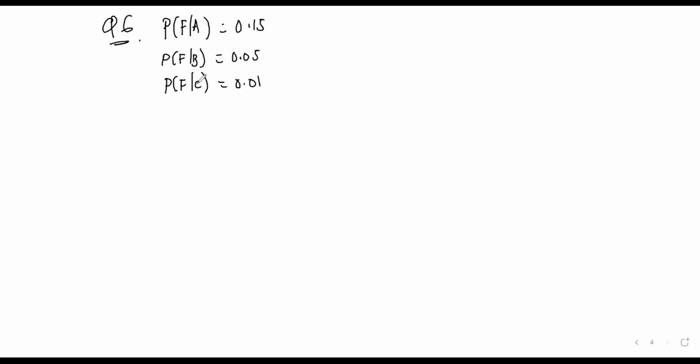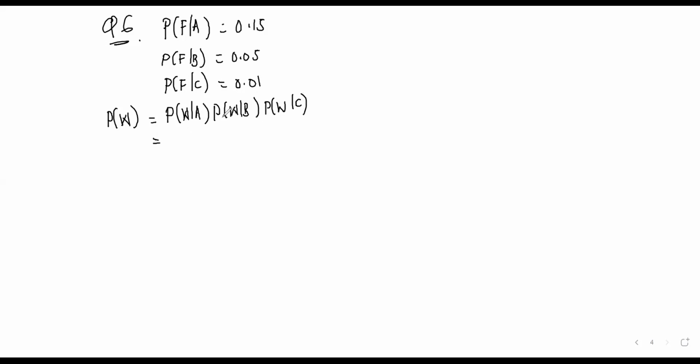So we want to find the probability of it working. If it's to work, then these must not fail. So it should work due to A working, and they're working together. It should work due to B working. It should work due to C working.